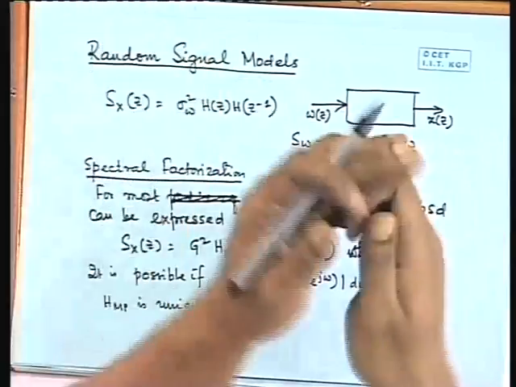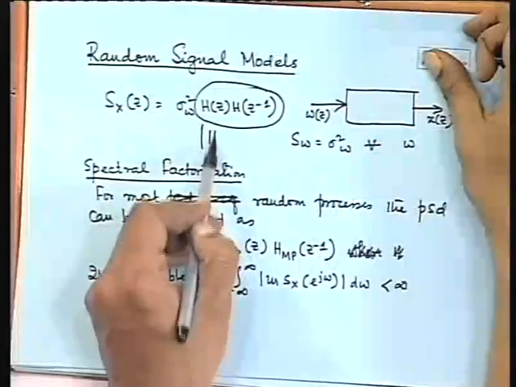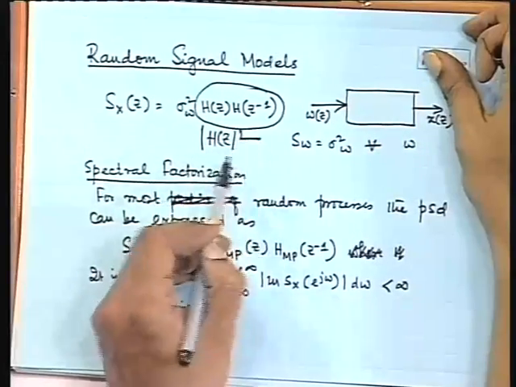What do we know? We know of power spectral densities. We don't know values. We cannot calculate just Fourier transforms. We can calculate power spectral densities, and power spectral densities are always related by H(z), or rather mod of H(z) whole square.